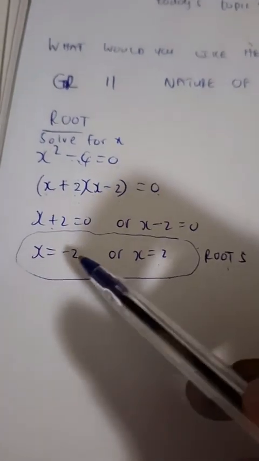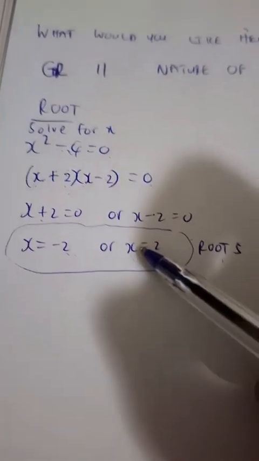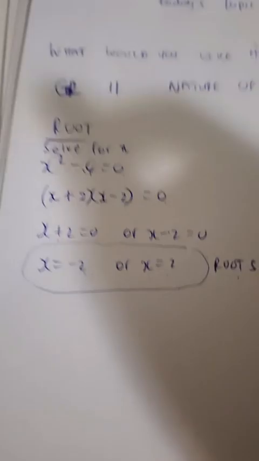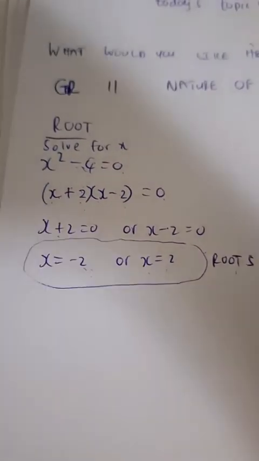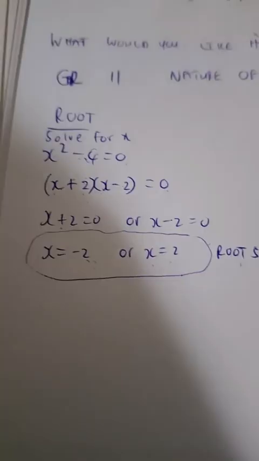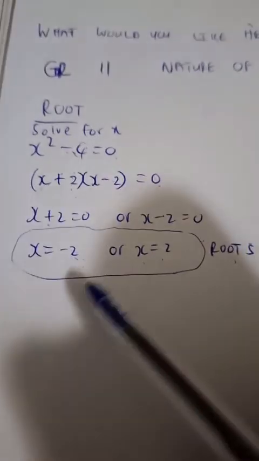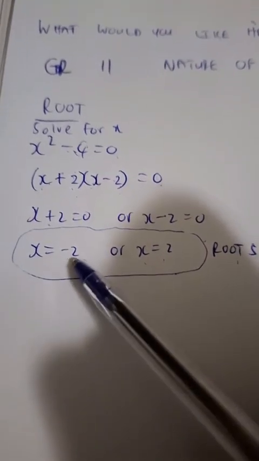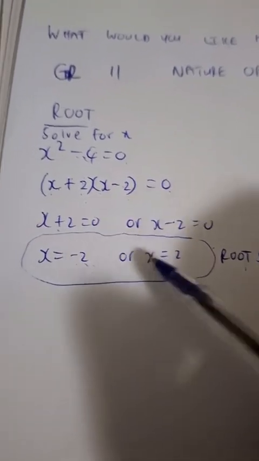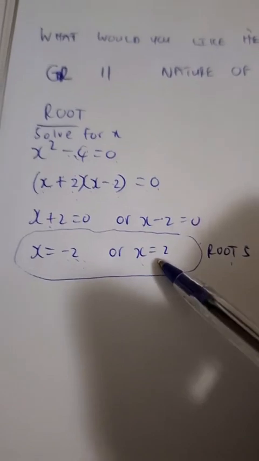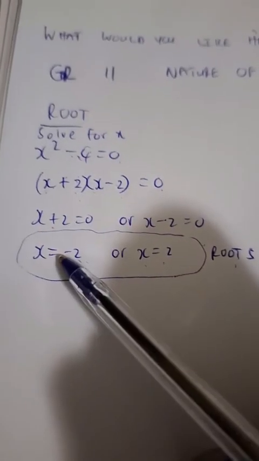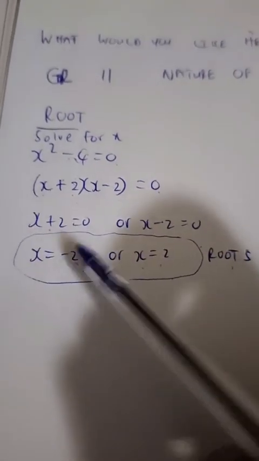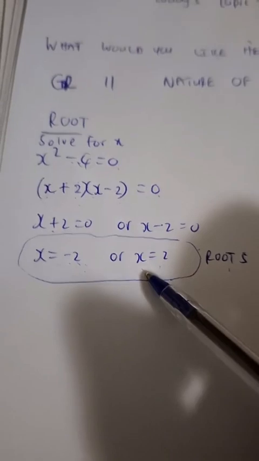Okay, I need you to understand that fundamentally, when we talk about the nature of the roots, we are in essence saying what are these solutions, because x is equal to minus 2 and x is equal to 2 are what we refer to as the roots.